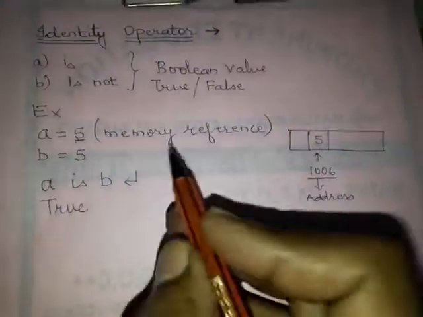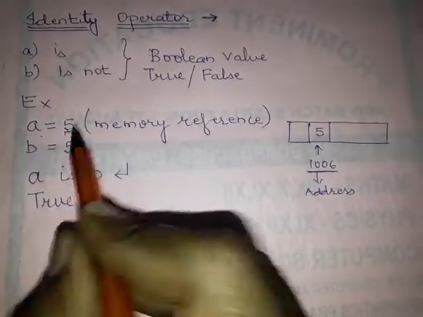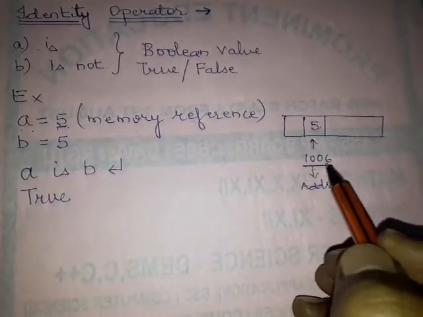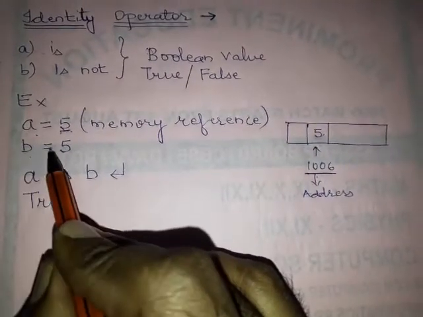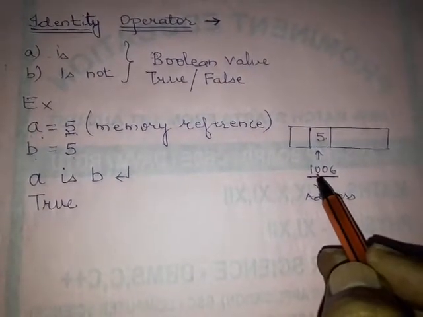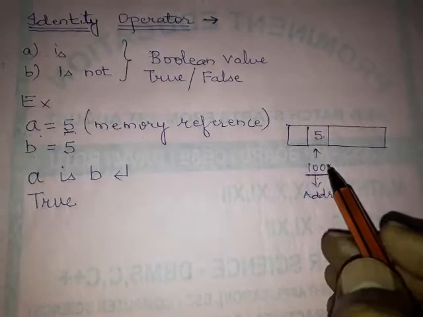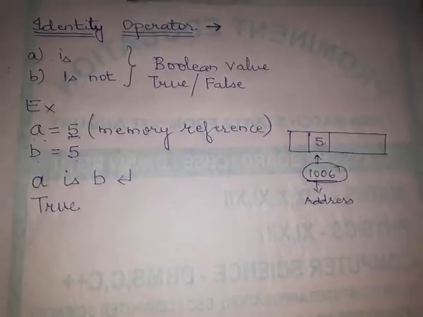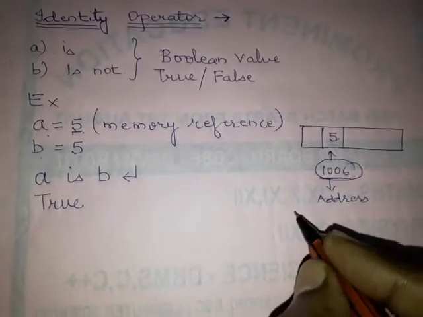So in Python, if a has value 5, it is stored at a particular location, and this is the address of that location. And b has also the same value 5, so it has the same memory location. If you want to see this location, you can use a method known as id.